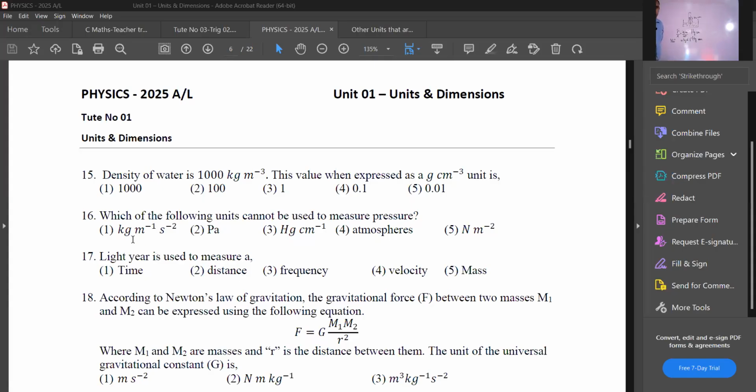Pascal is the SI unit, and I can use Newton per square meter, and I can use atmospheres as a unit of pressure. So the incorrect answer that cannot be used to measure pressure is answer number 3.